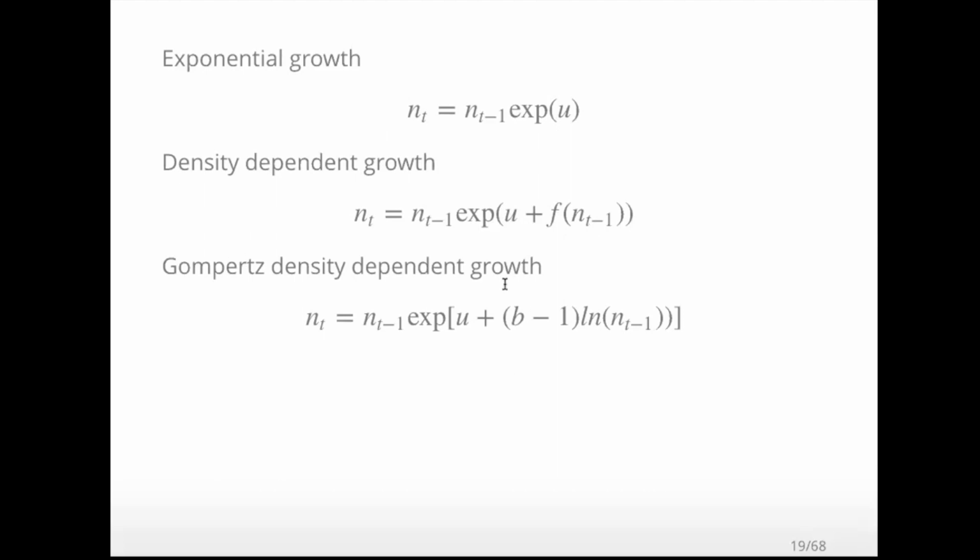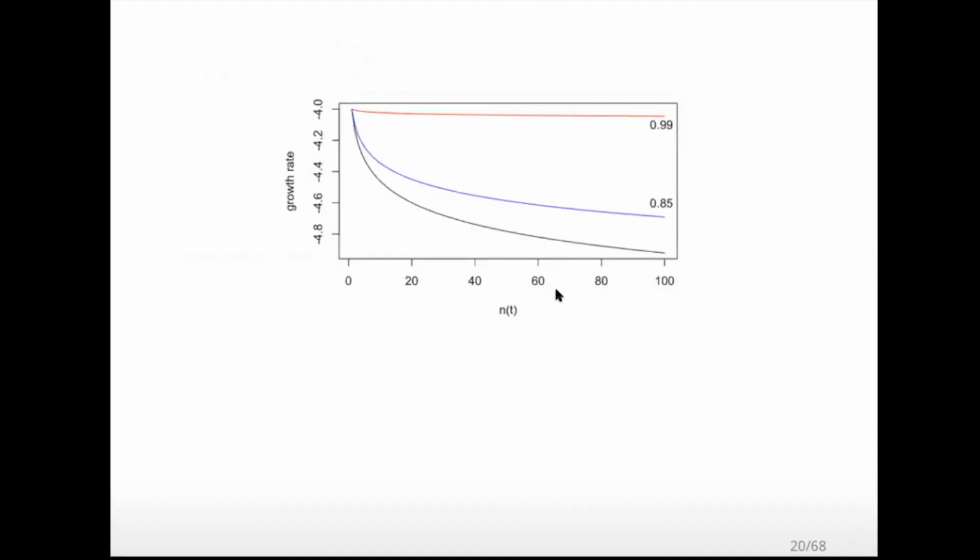And the function that Gompertz uses is this function here. And I'll just show you what that looks like. It just kind of looks like this, which is, as population gets bigger, it doesn't go down linearly. It's kind of this exponentially looking thing.